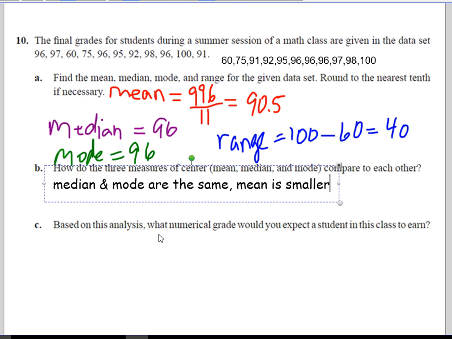So based on this analysis, what numerical grade would you expect a student to earn? Well, the median and the mode are 96, which is an A. The mean is 90.5, which is an A. So I would expect the student to continue on with those higher scores and earn an A for the class.